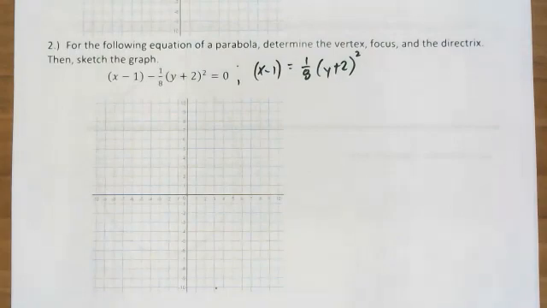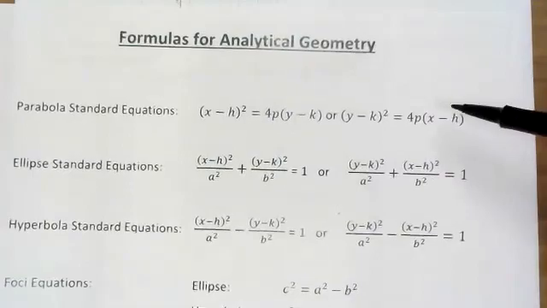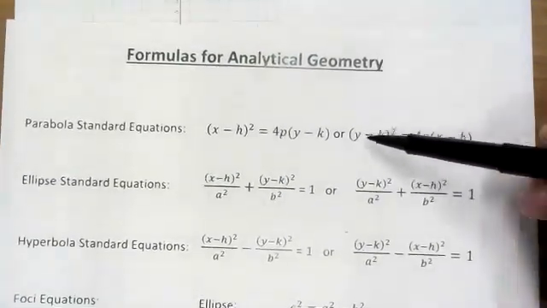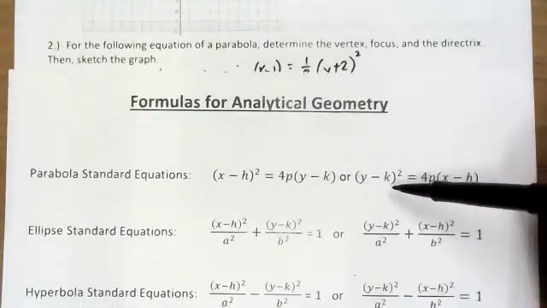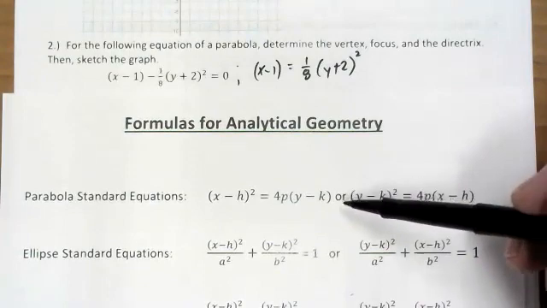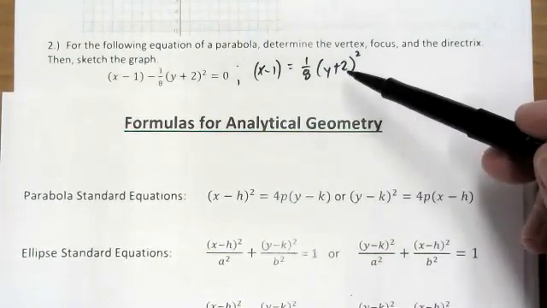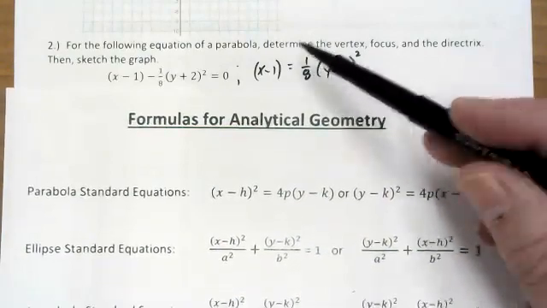Now, once again, to have an equation in standard form, it looks like it's going to be this equation. I know this is going to be a left or right parabola, but the key thing right now I have to be aware of is that I can't have any kind of number or coefficient in front of the squared parenthesis. Right now I've got a 1/8. So I'm going to move that to the other side.